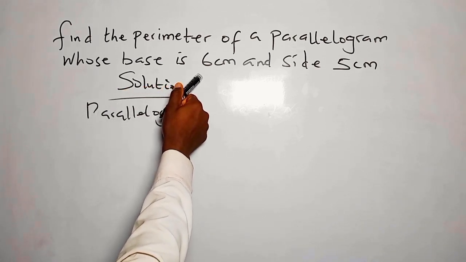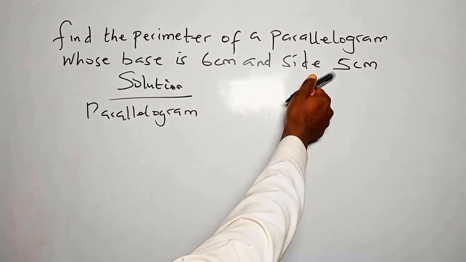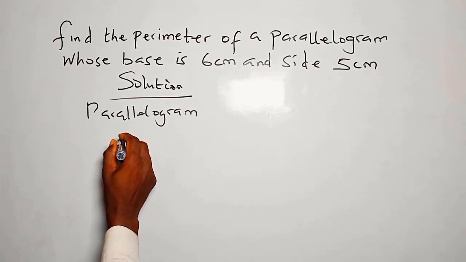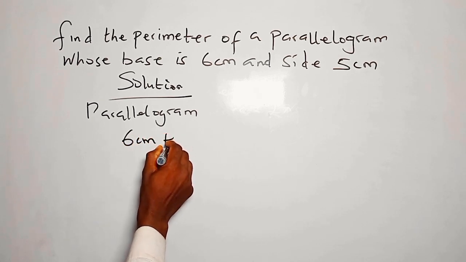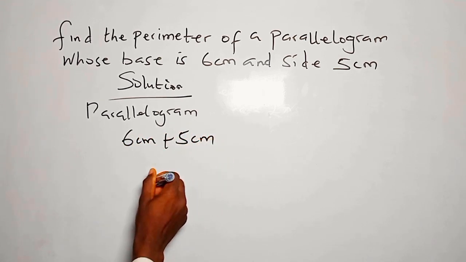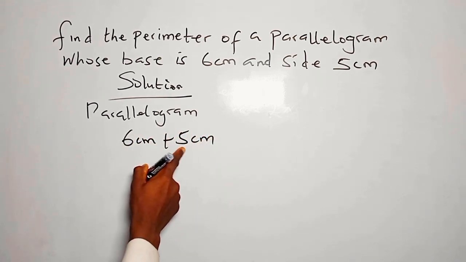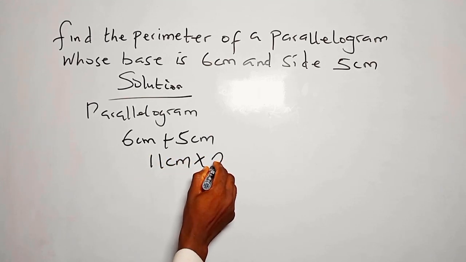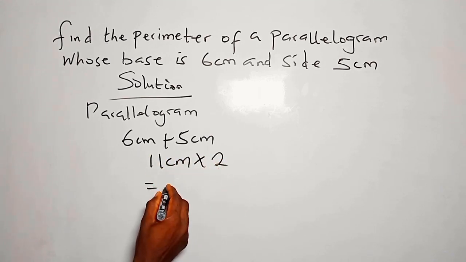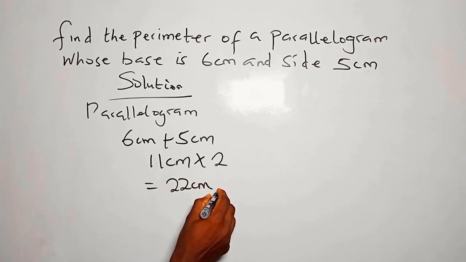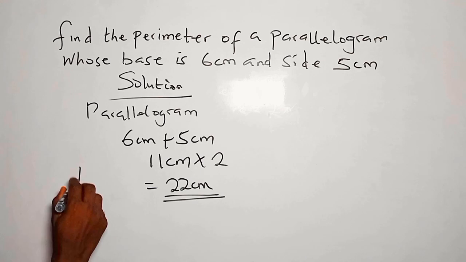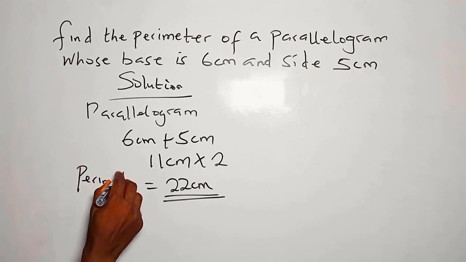The base is 6 centimeters and the side is 5 centimeters, so we add them up and multiply by 2. We have 6 centimeters plus 5 centimeters, which is 11 centimeters. We multiply it by 2, which gives 22 centimeters as the perimeter of this parallelogram.